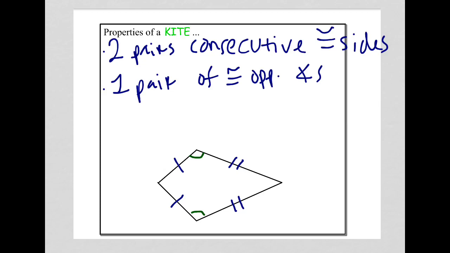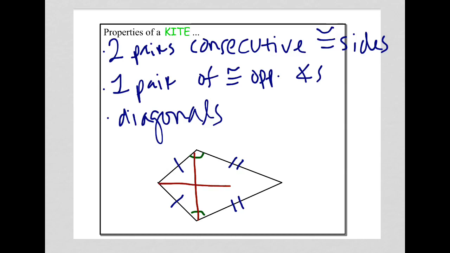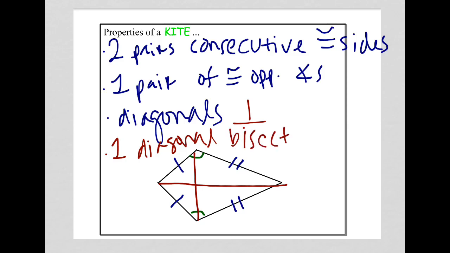Okay, next we want to note that the diagonals, meaning these lines right here, are perpendicular to each other. We also want to note that one diagonal bisects the other.